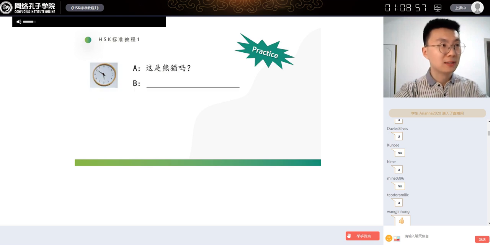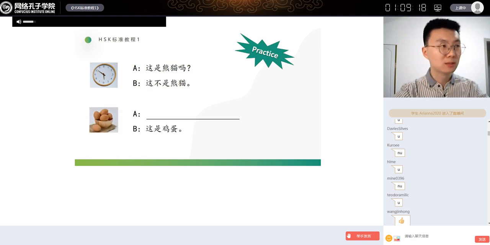Next, according to the picture, can you answer the question? 这是熊猫吗？In this conversation, B should say. 对，很好，这不是熊猫，这不是熊猫。This one.